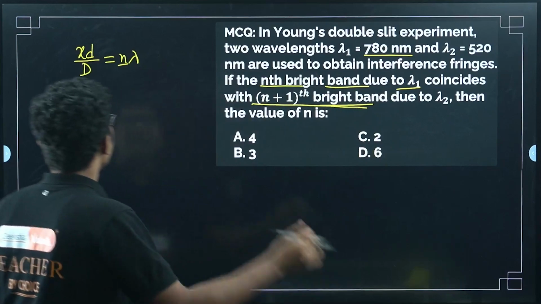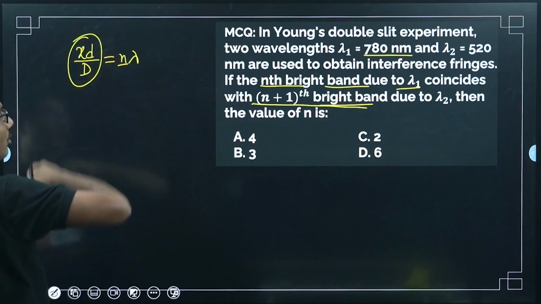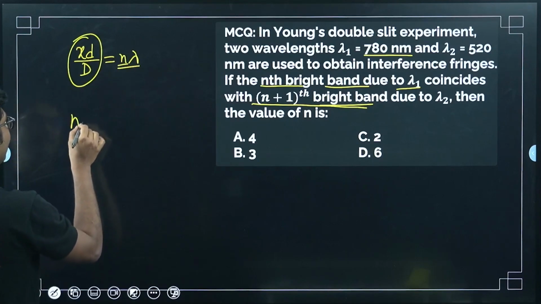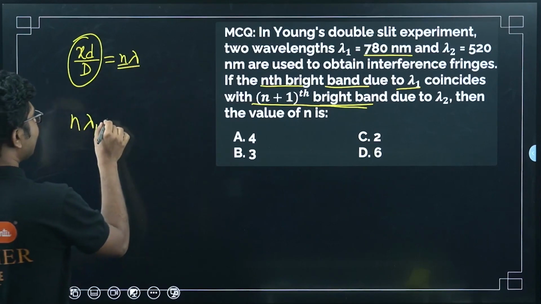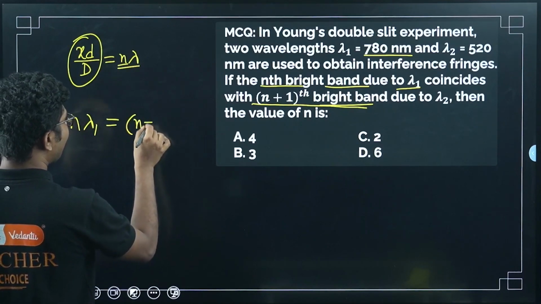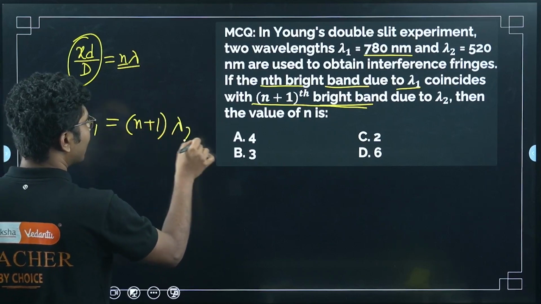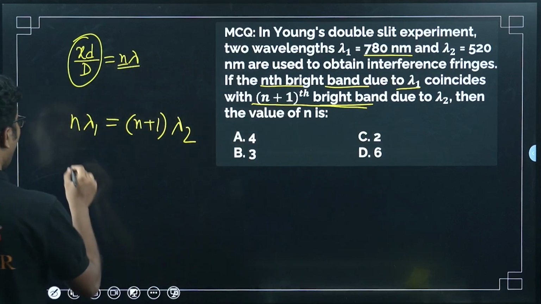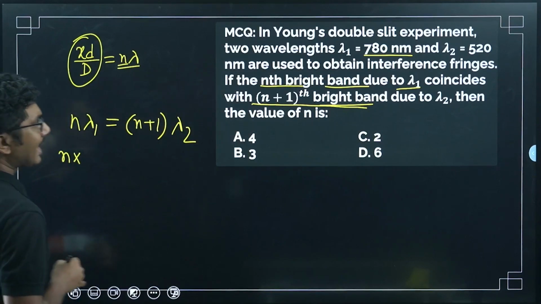So everything on our left hand side is constant, but on our right hand side, for the first case we get n lambda 1, and for the second case we get (n plus 1) lambda 2. So now we have to put the values of lambda and solve it.